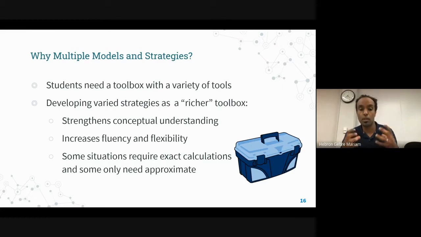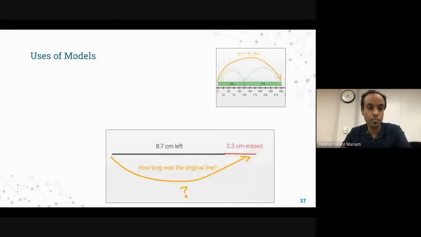They're building capacity to rely on their own thinking rather than rules they've memorized or tried their best to remember. Overall, building these toolboxes has many facets of benefits. So in the next slide, we look at the use of models.